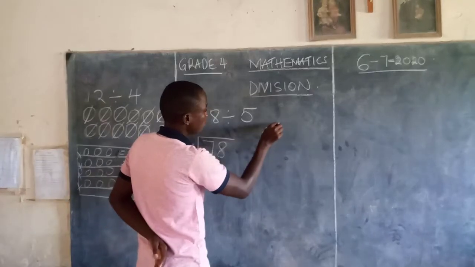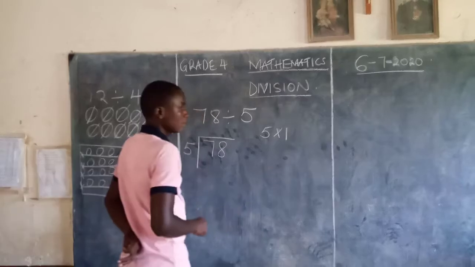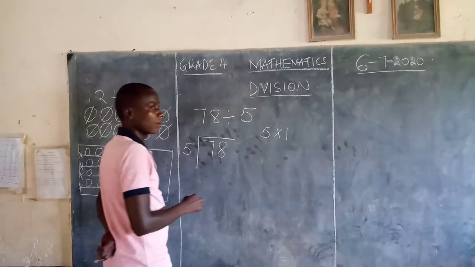Have 5 multiplied by 1. 5 multiplied by 1, what do you get?